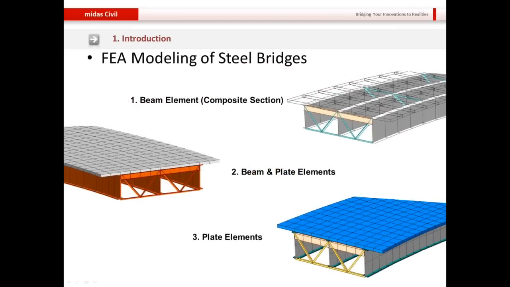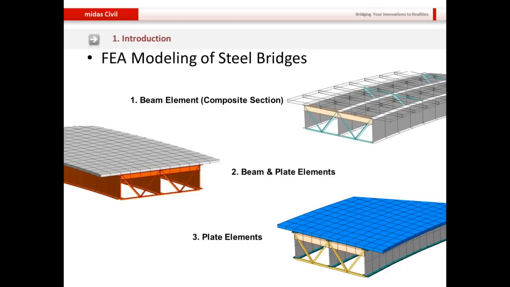As I mentioned, today I'm going to create this bridge with three different methods of modeling. As we discussed last week, there are a couple of ways to create such a model. It completely depends on what you want from your analysis and what type of output you are looking for.